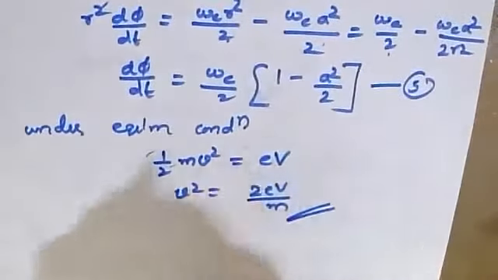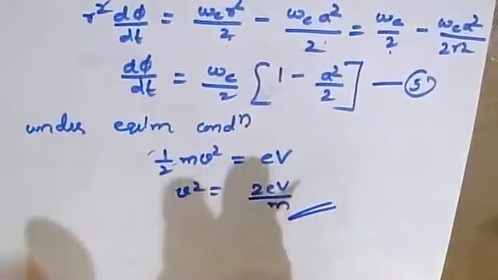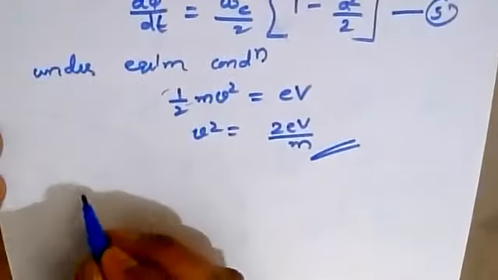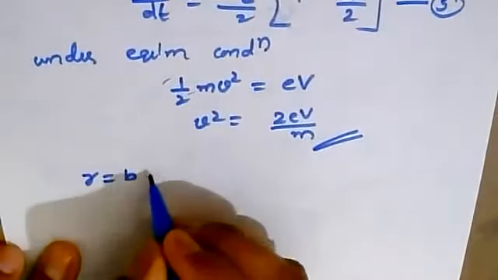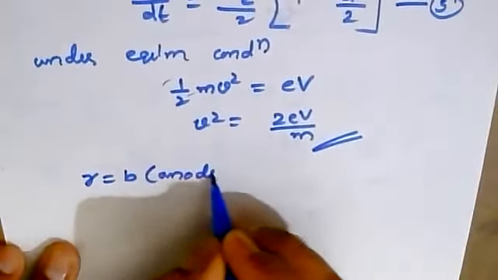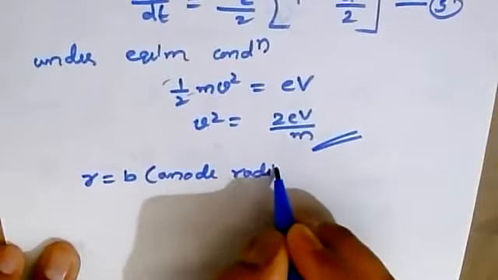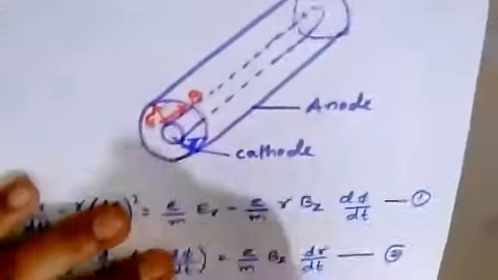Next, we have taken R is equal to A earlier. Now we need to take R is equal to B. This is nothing but the anode radius. B is considered to be the anode radius, as I have shown in the diagram.